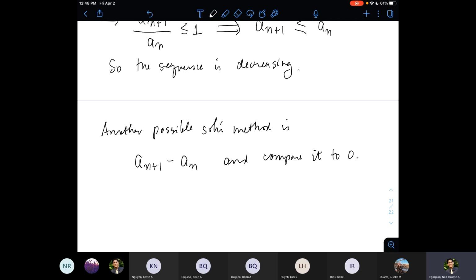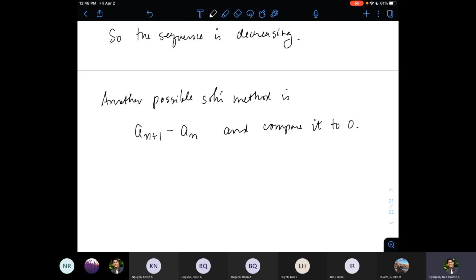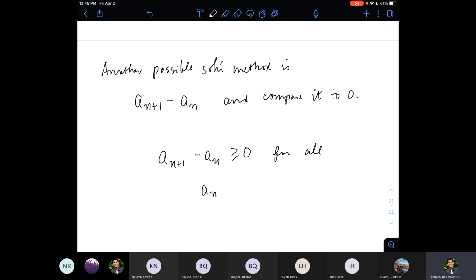I don't have a quick example of that here, but I think you can see the rationale behind this test. If you are able to conclude that a sub n plus 1 minus a sub n is greater than or equal to 0 for all n, so you simplify this, and if by chance that thing is always greater than or equal to 0, then you're good, because now a sub n plus 1 is greater than or equal to a sub n, and you can conclude that your sequence is increasing.